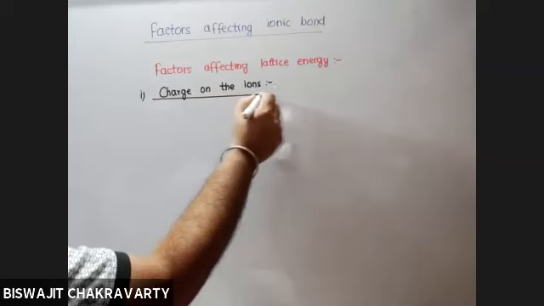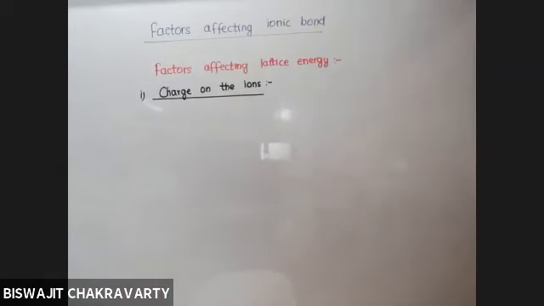If the charge on the combining ions is more, greater will be the force of attraction. And greater the force of attraction, greater will be the amount of energy released.